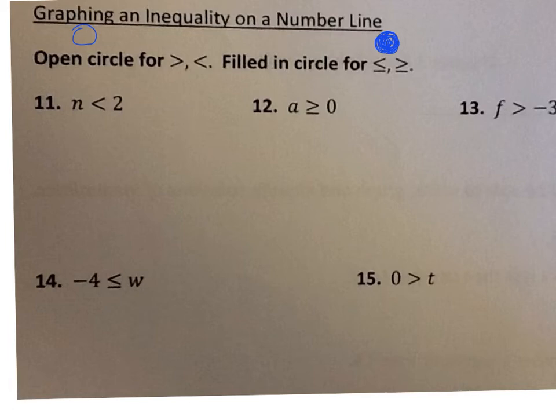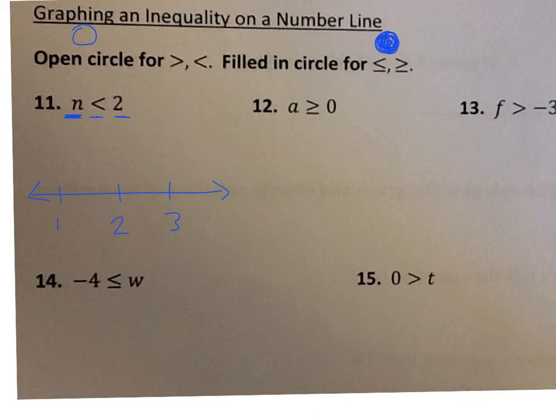So for number 11, we're going to start with reading the inequality. What this says is all numbers less than 2. By reading that, I'm going to start with putting the value in the middle, one greater on the right, and one less on the left.